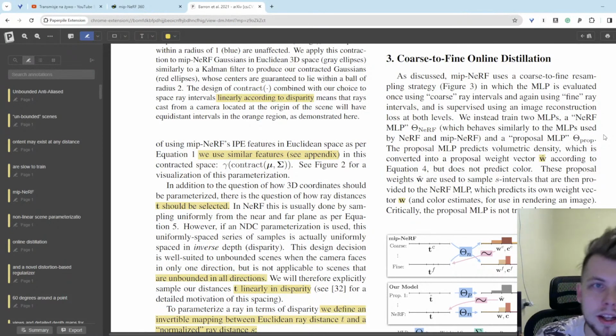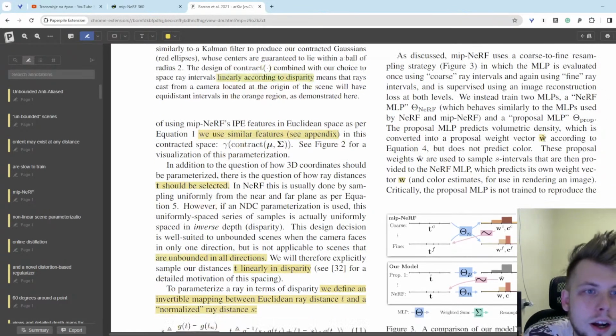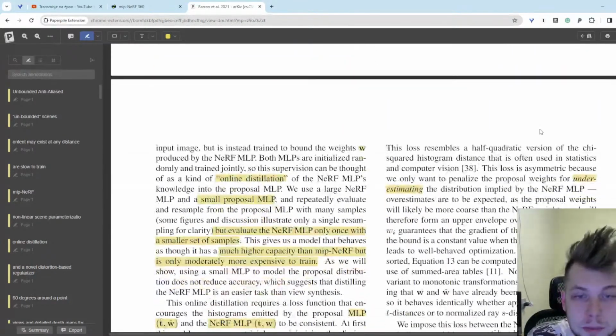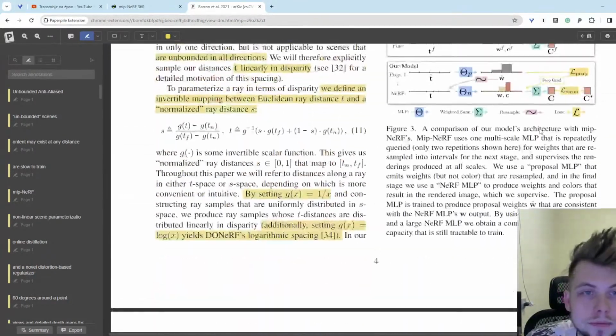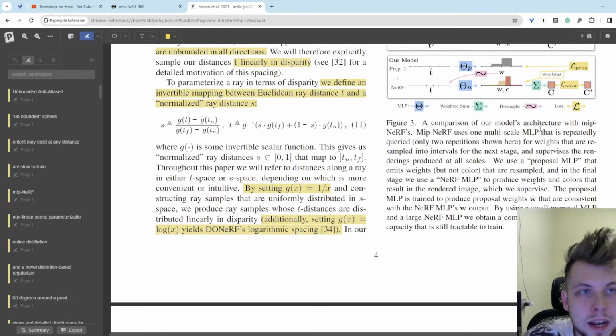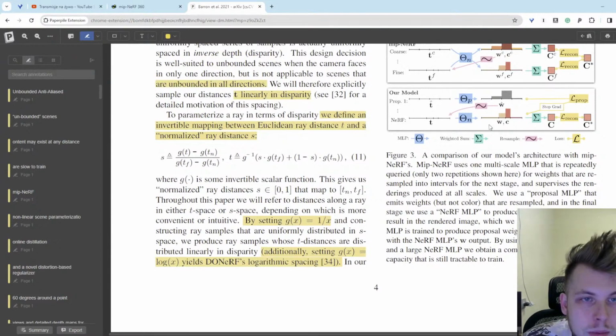And that's the second part. This is the online distillation, and this basically allows them to have a much bigger main NeRF MLP while they train this proposal network just to approximate the histogram here. So that's the second main idea.